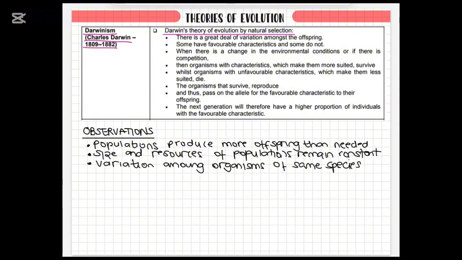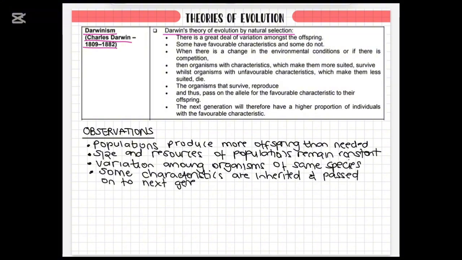We did look at meiosis, random fertilization, random mating, etc. in the previous video. And lastly, he made an observation that some characteristics are passed on from parent to offspring. And the key term is that this is over generations.